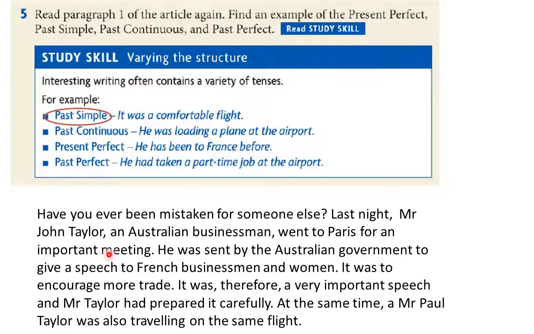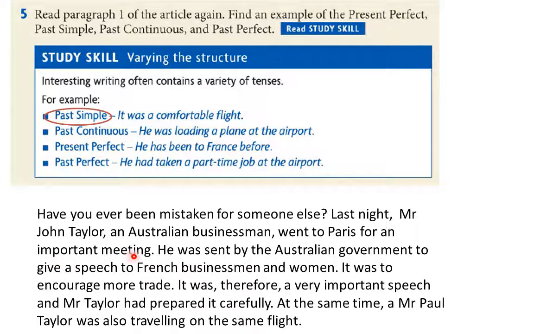He was sent by the Australian government to give a speech to French businessmen and women. He was sent: sent here is the past participle of the verb, because the sentence is not active voice, it is passive voice.